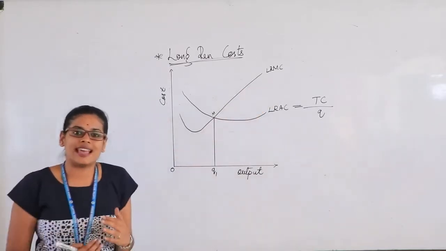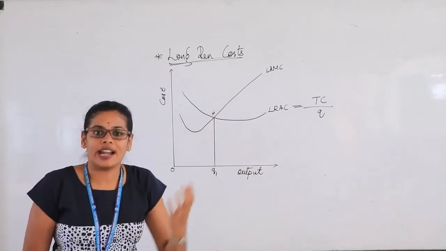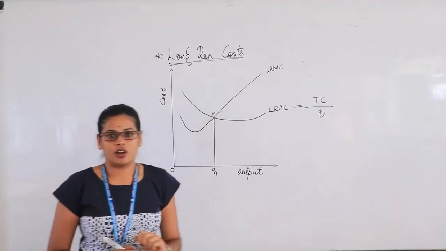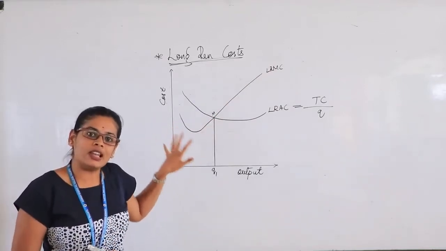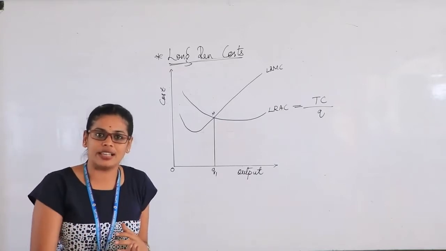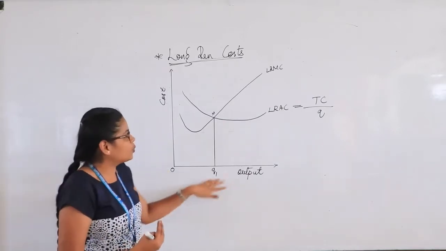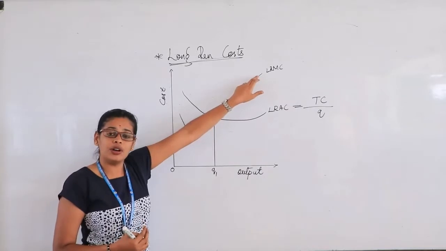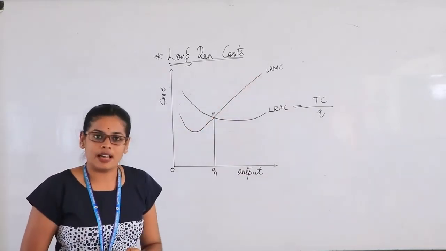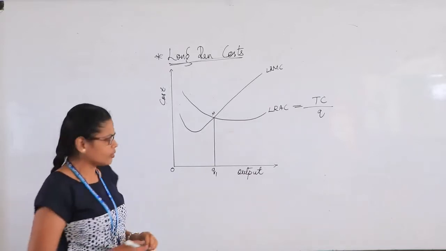So when you decide to produce one more additional unit, then we get this marginal cost. So here also in the long run, if you want to make one more additional unit of output, then you will have to again assess this long run marginal cost.